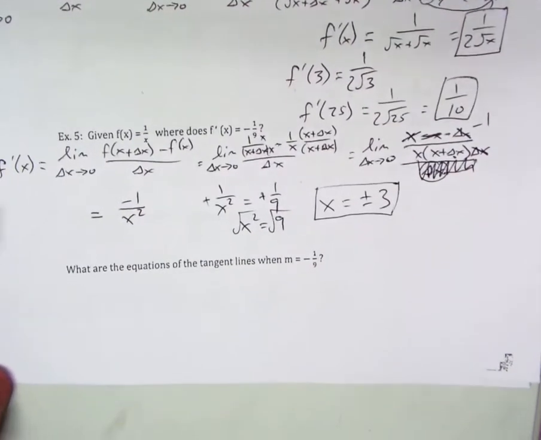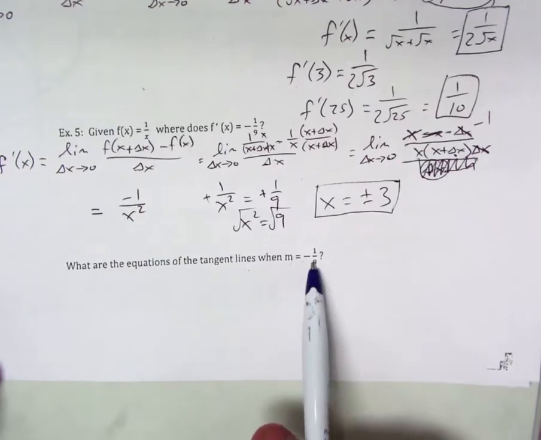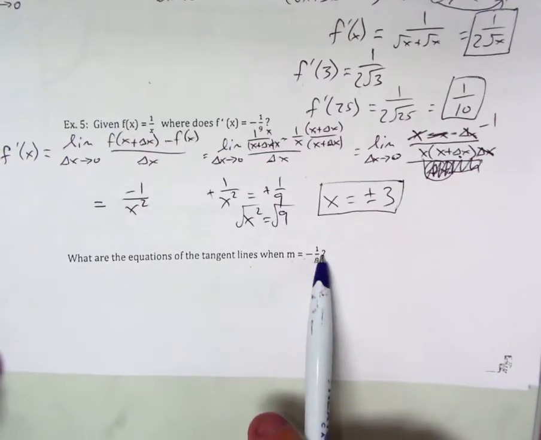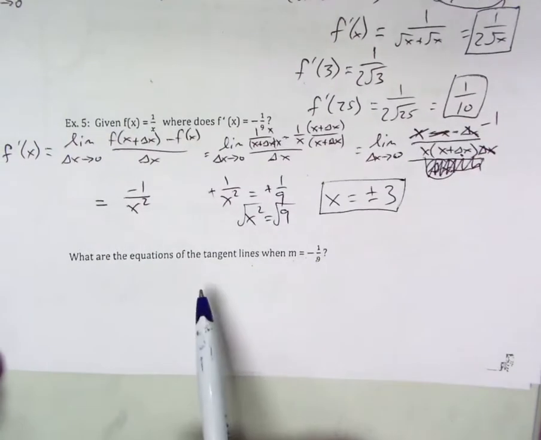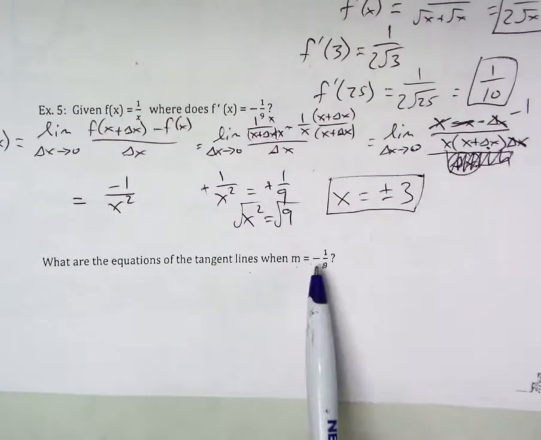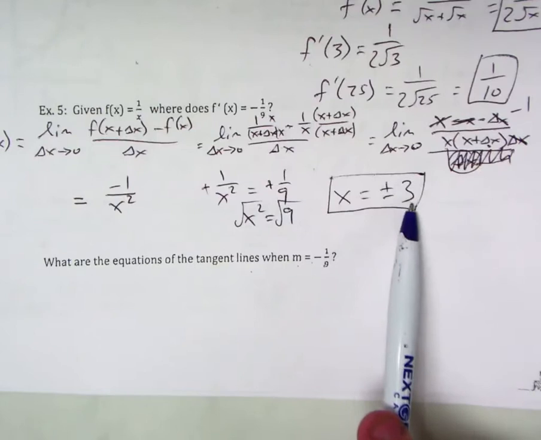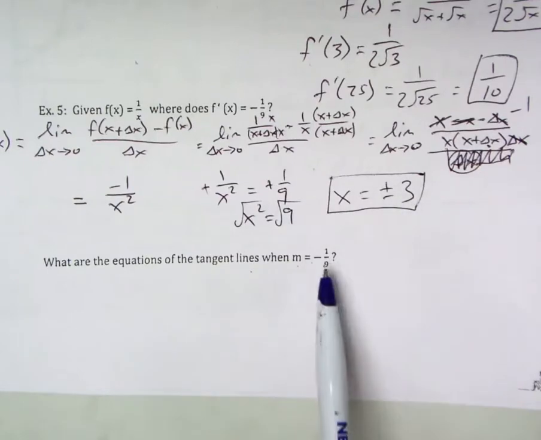Last question. What are the equations of the tangent lines when the slope is negative 1/9? So think about what you need to write the equation of a tangent line. You need to know a point and slope. Well, we know the slope, and from up above, we know there's 2 points where it's going to happen. So we're going to have to come up with 2 different answers. So we know the slope.